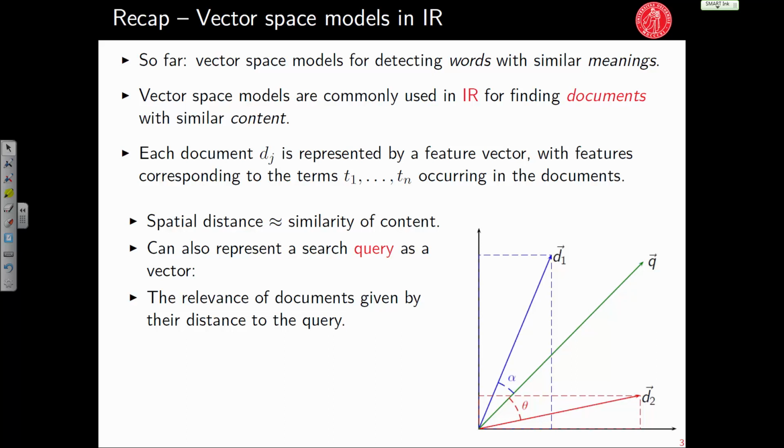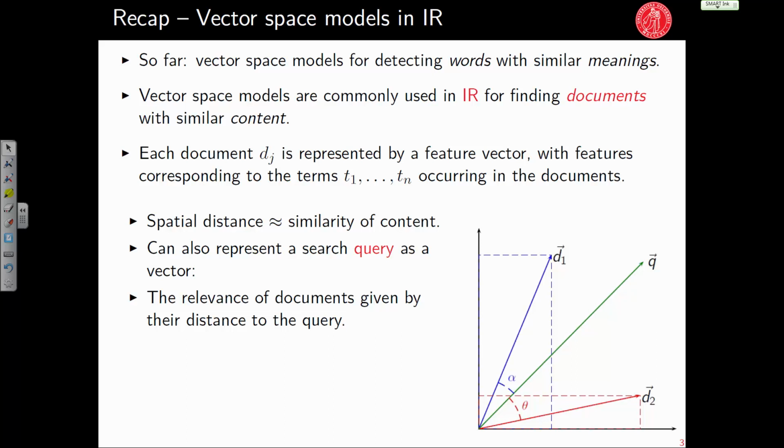Then we can apply the same concept. We have represented our documents as vectors, and we can say that spatial distance more or less corresponds to similarity of content. The query you type can also be represented as a vector. So you end up with a situation like this on the right side, where you have a document D1 represented as a vector, document D2, and your query.